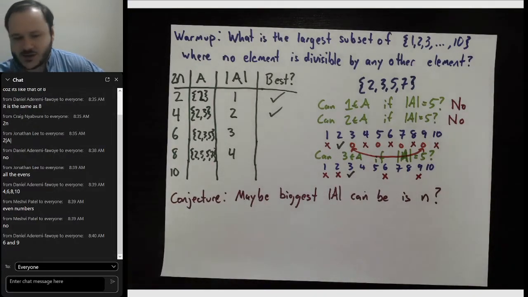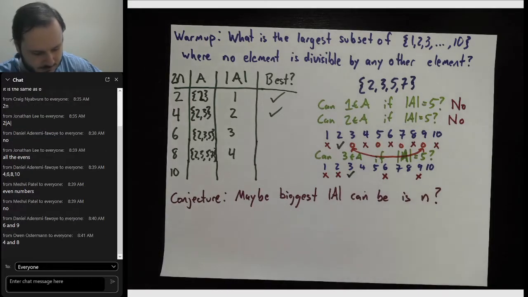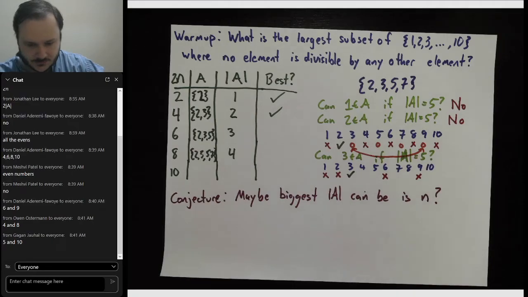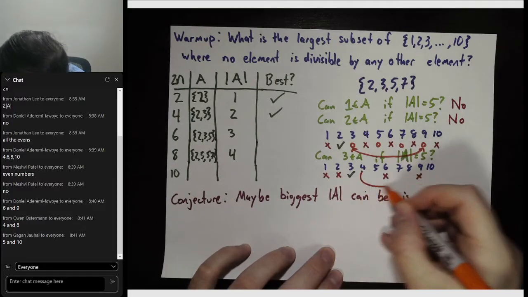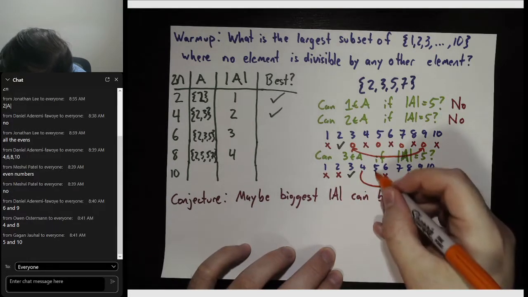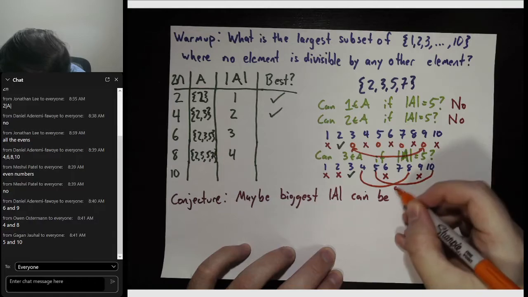But can you find 2 pairs of numbers that I can't have both of? Four and 8 and 5 and 10. Good. So I can only have one of these, and I can only have one of these.